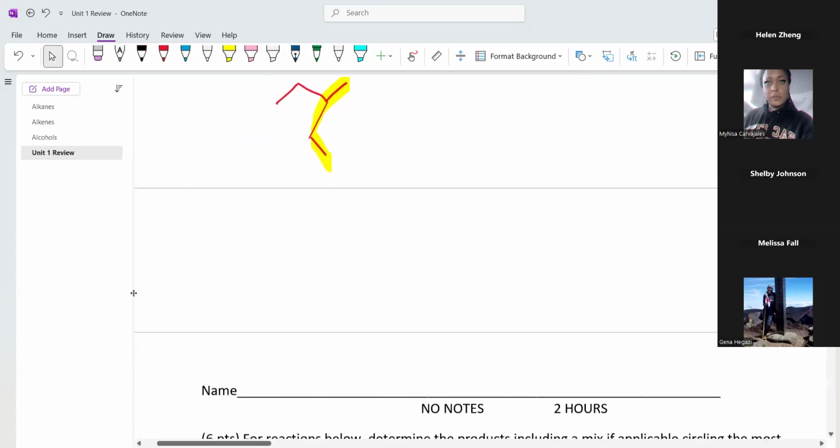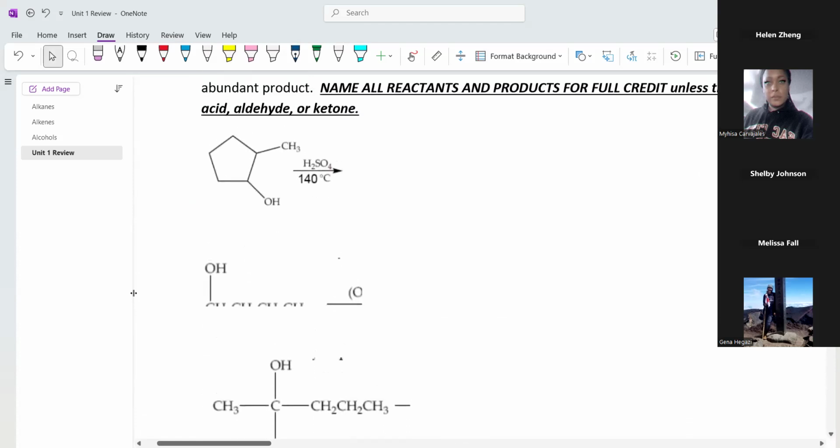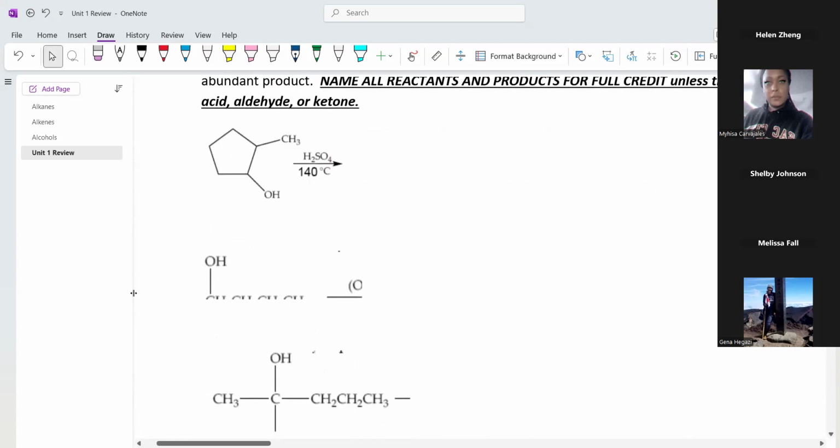Wonder what happened here. This looks like 1, 2, 3, 4. Okay, so that's butanol.